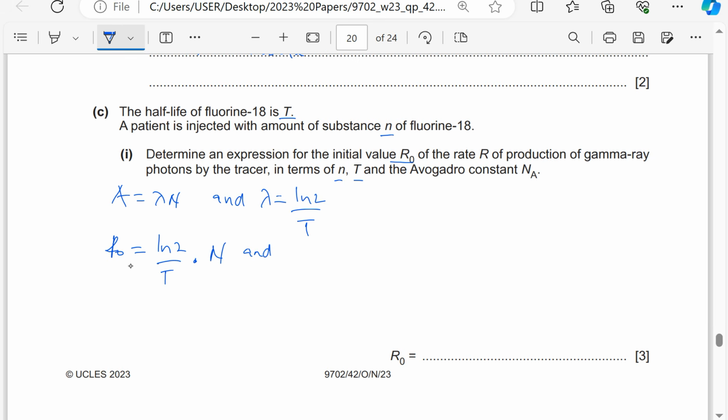But I also know that a patient is injected with an amount of substance, that is, number of moles. So I know that number of moles n is N over Avogadro's number Na. So this means that capital N is going to be small n times Avogadro's number Na. So R naught is going to be ln 2 over T times n times Na.